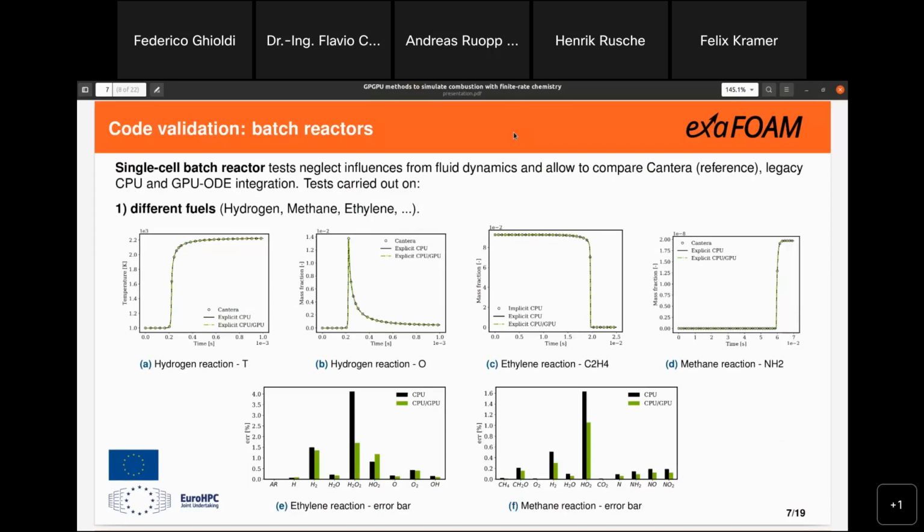So we wanted to remove the presence of fluid dynamics, and we wanted to remove the tuning of combustion models. So what we used was exaFOAM and studied the evolution, so just the ODE integrations. Of course, we studied that by considering different fuels. For example, here you see what happens considering hydrogen reaction, ethylene reaction, or methane reaction.